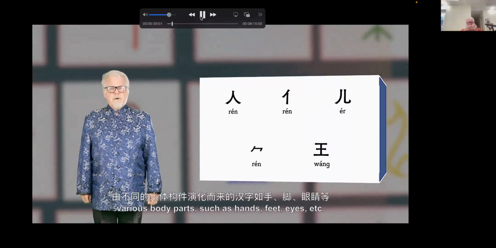This means to cut. This is 绝 and 结婚 is 结. So this word means to cut.